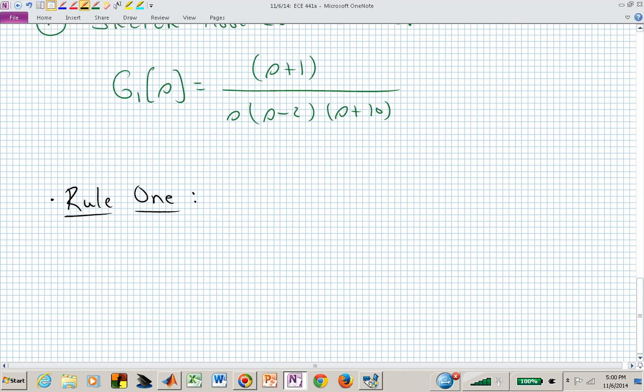individually. Here's rule number 1. First, we need to identify the zeros and the poles. We only have 1 zero. Our poles that we are concerned with are at the origin, one in the right half plane, and another one in the left half plane. That's rule number 1.